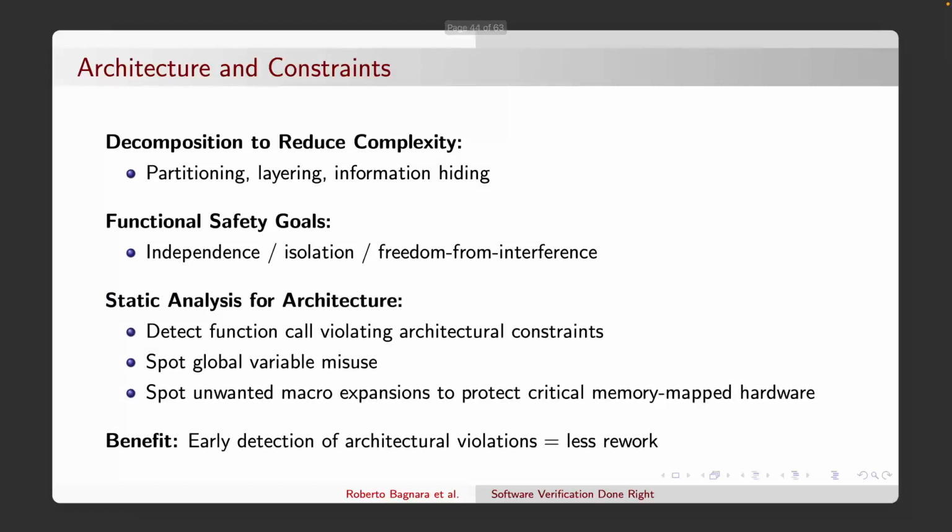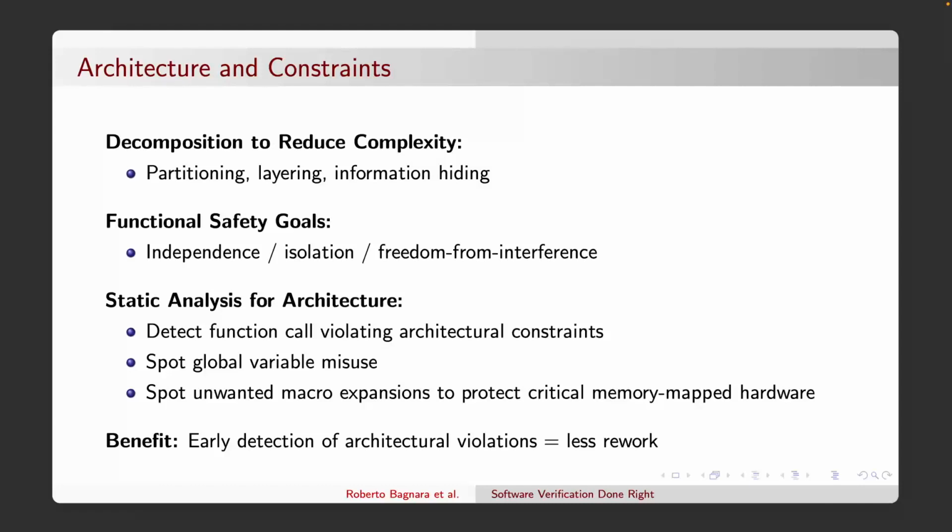We will see in the webinar, and you can see in the chapter of the book, that static analysis can be used effectively to check software architectural constraints. In particular, it can detect function calls violating architectural constraints, for example, bypassing of an interface. It can spot global variable misuse and also unwanted macro expansions.